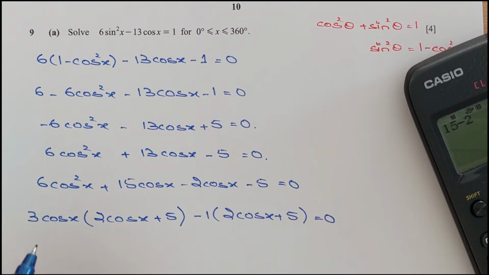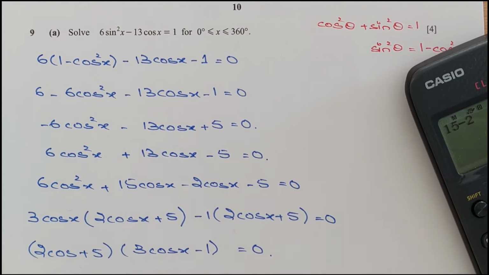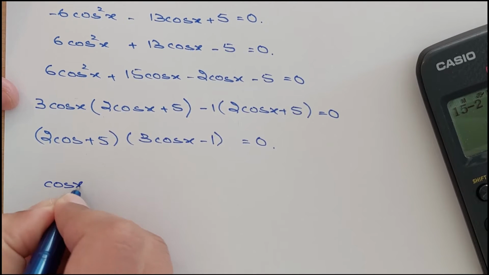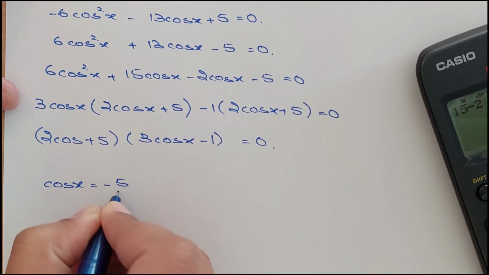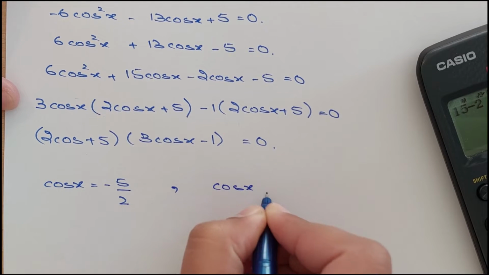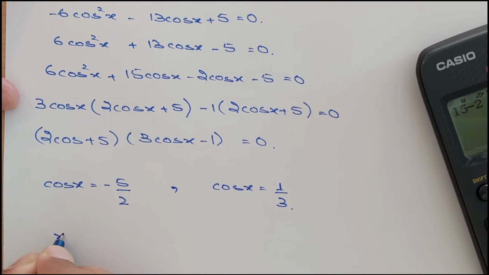So here we have two factors, 2 cos x plus 5, and the other factor 3 cos x minus 1 equals 0. Now put both factors equal to 0. We have cos x equals minus 5 by 2, and cos x equals 1 by 3. Let me solve the positive value of x first.